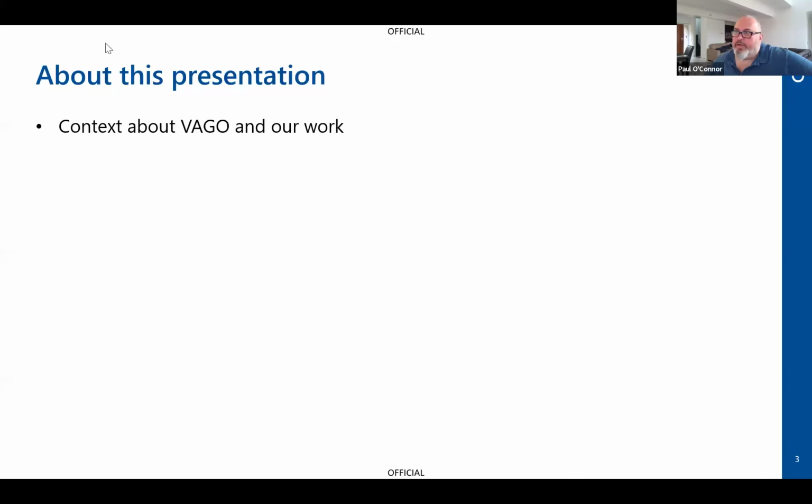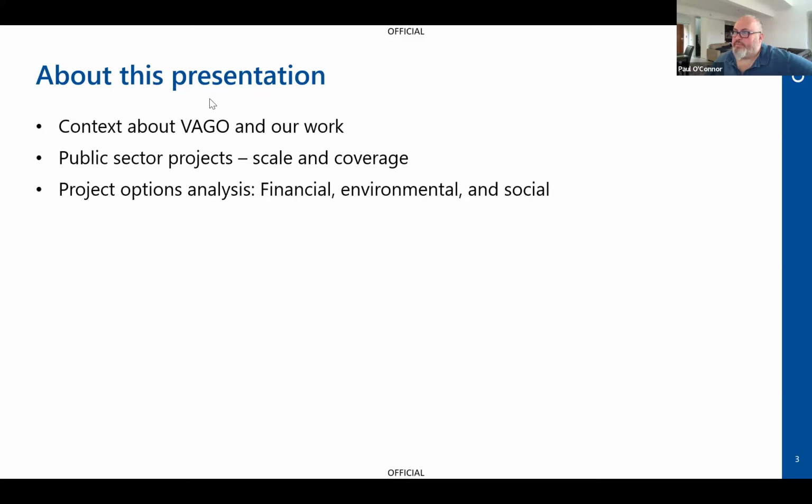So today what I'm going to do is cover some context about VAGO and our work. VAGO is the Victorian Auditor-General's Office. I'm going to talk about some public sector projects that are out there right now, to give you a sense of the scale and coverage. I'll talk about the project options analysis, which is, I suppose, the more meaty technical part of the presentation, and it builds on the slides that you've already got.